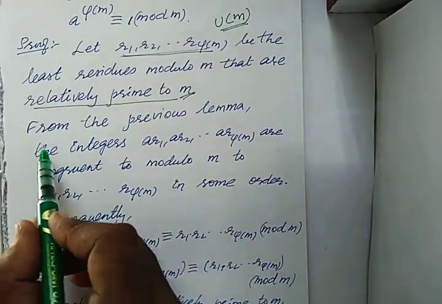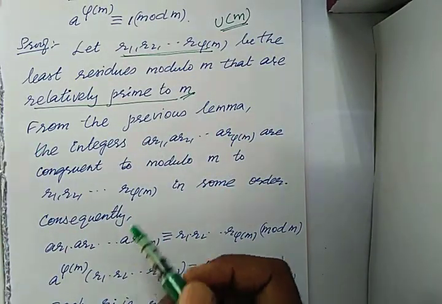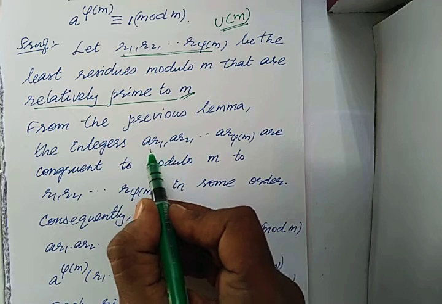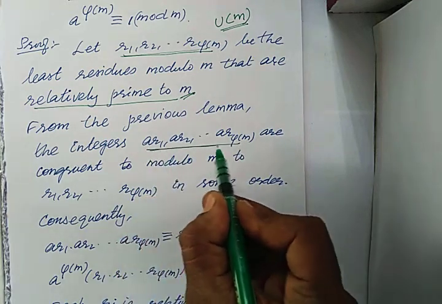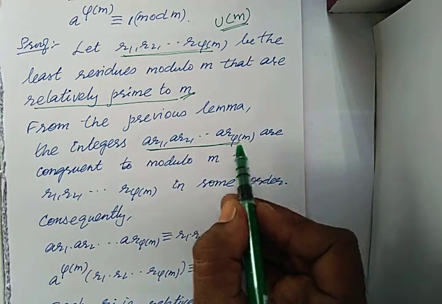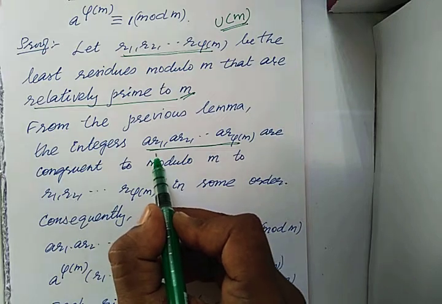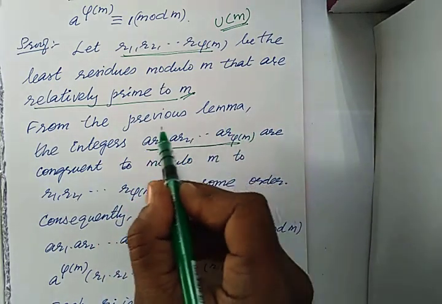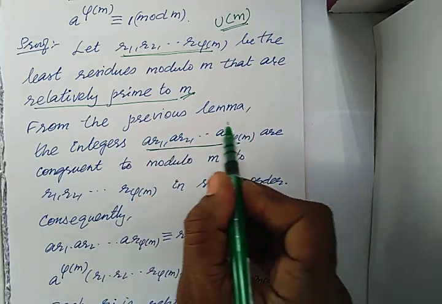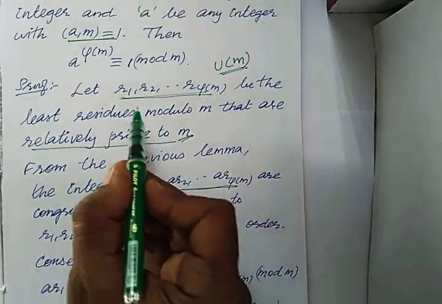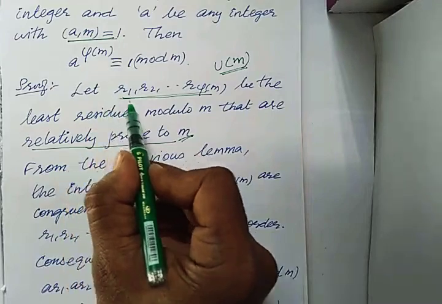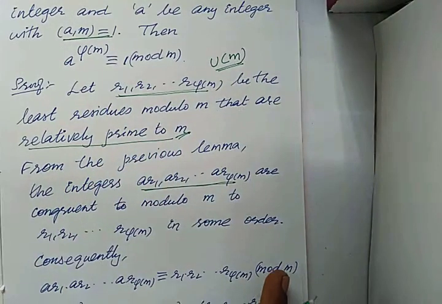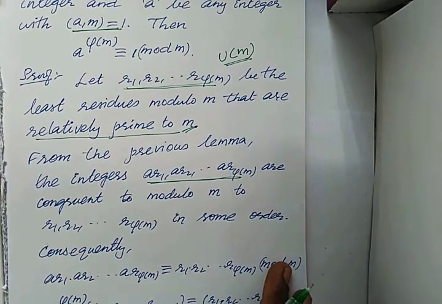From the previous lemma, if you take these integers modulo m, we will get these numbers in some order. That was our lemma, already we have seen it.